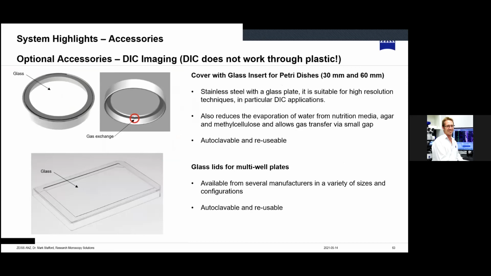You can autoclave them, but essentially, if you want to image DIC and make use of the system's capacity for rapid DIC bright field imaging and combine that with fluorescence, then you may need to think about these type of lids. They're not super expensive, but they do also help with minimizing evaporation as well. They've got quite a nice seal on them.